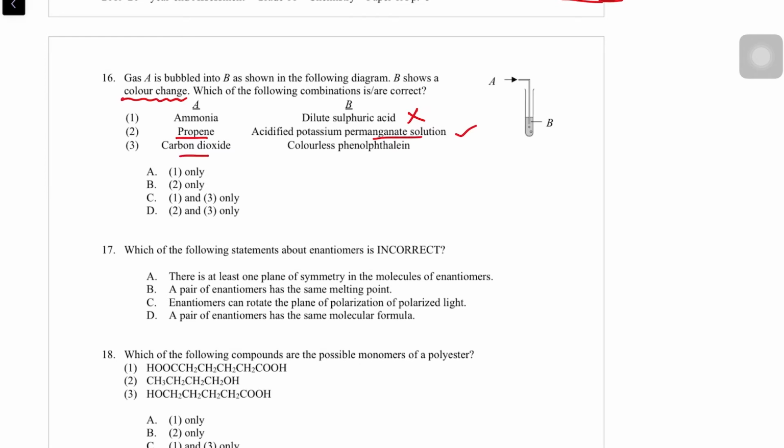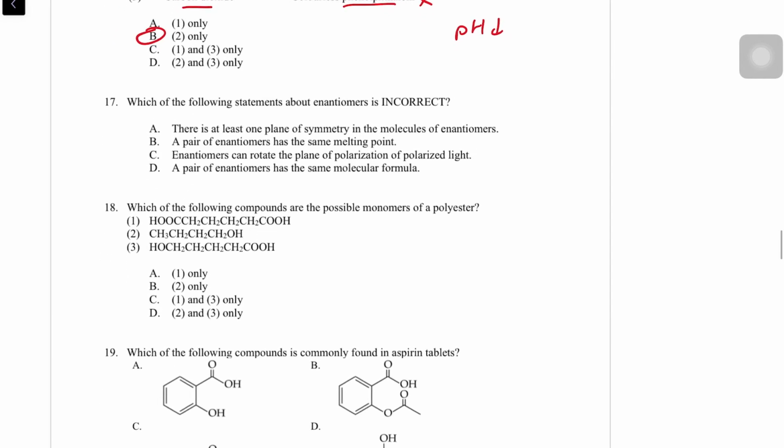Carbon dioxide and colorless phenolphthalein: carbon dioxide will make the pH lower, but unluckily for the phenolphthalein, in an acidic environment it will not show any color, so there won't be any color change. So the answer should be B, because phenolphthalein only gives color in alkaline condition.